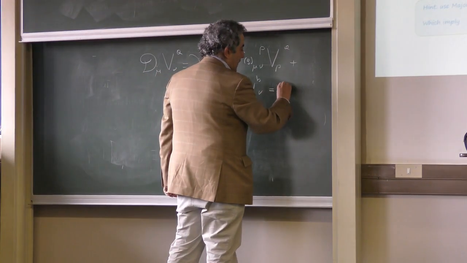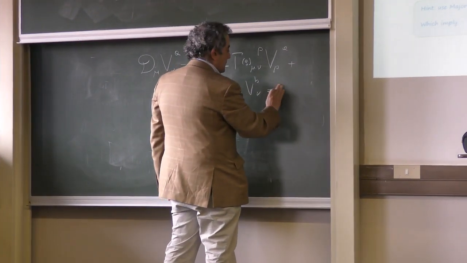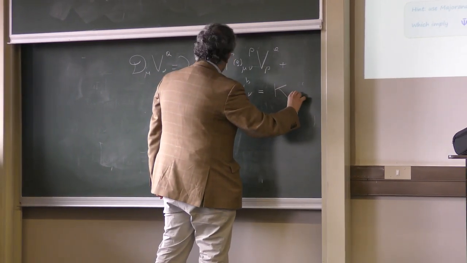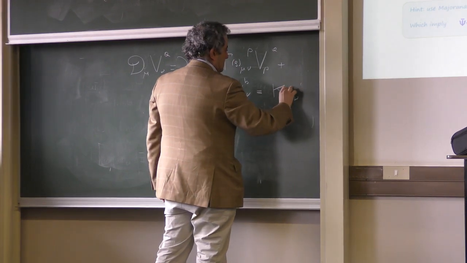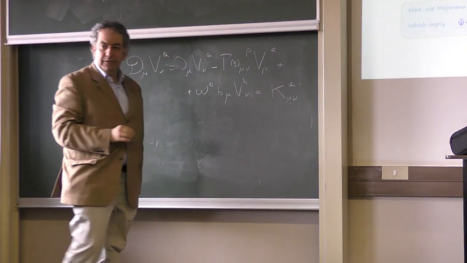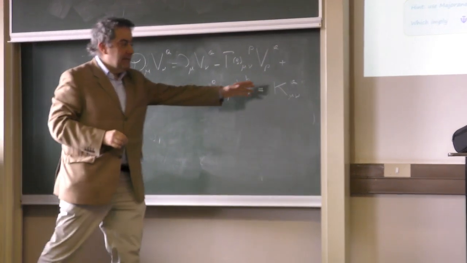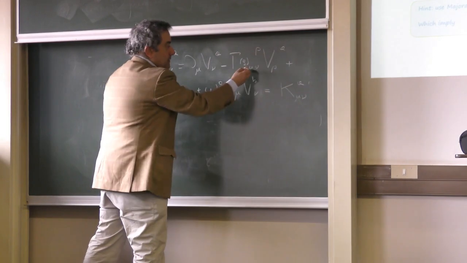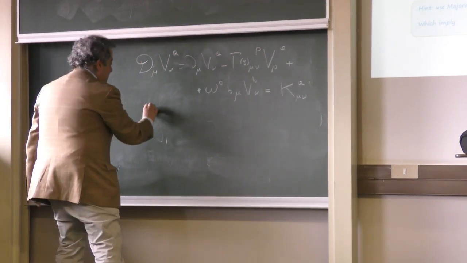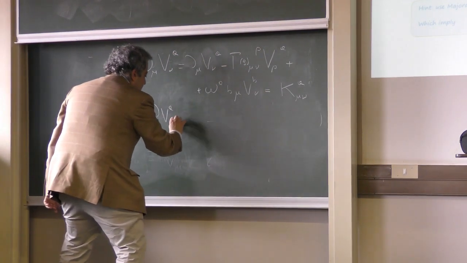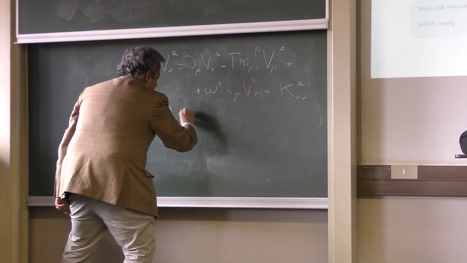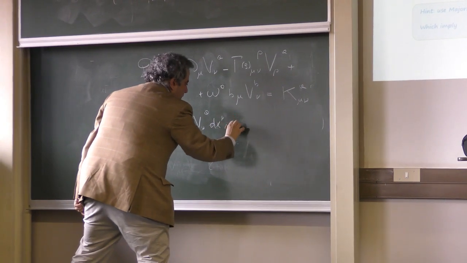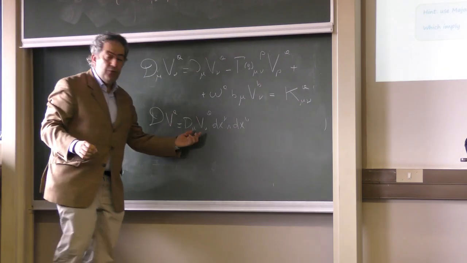Now this is equal to what is called the contortion tensor. Whatever you find on the right hand side is the contortion tensor. If you anti-symmetrize, this goes away because this is symmetric. So you compute this with indices nu anti-symmetrized.